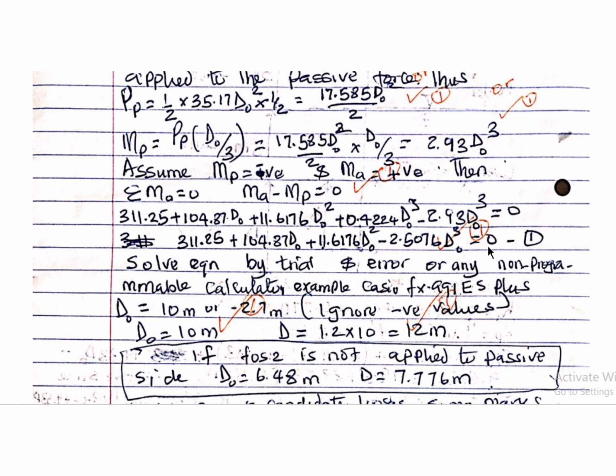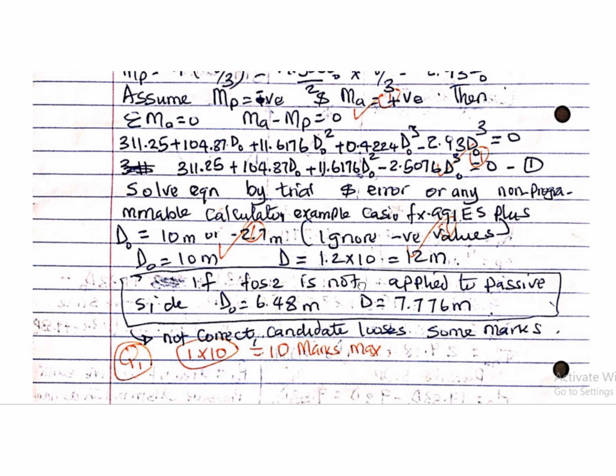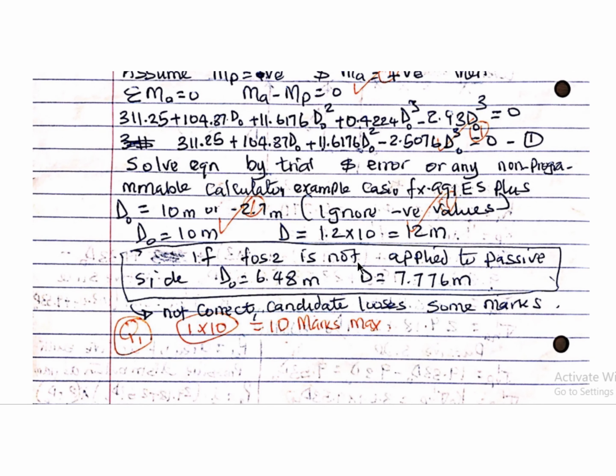Now, if for some reason you forgot to apply the factor of safety of half, you get the values shown there. But of course, that's not correct because you will lose some marks. But this is how fair we mark, because we can consider sometimes that if you get the principle, of course here you'll have to lose some marks if you don't apply the safety factor specifically.